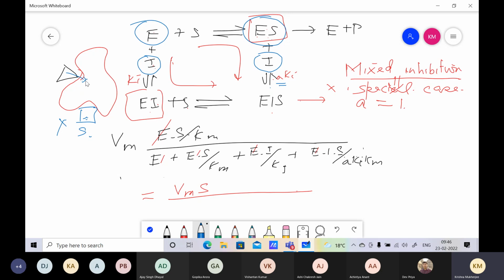These affinities are exactly equal. So the enzyme substrate complex binds with the inhibitor with the same efficacy as the free enzyme which has no substrate. In which case alpha is equal to 1.